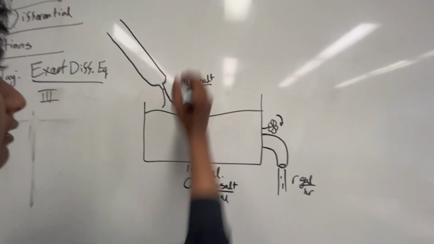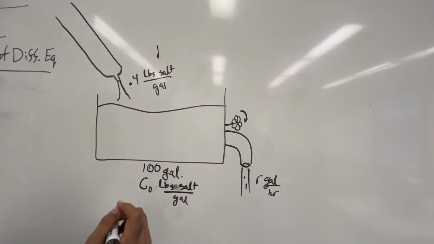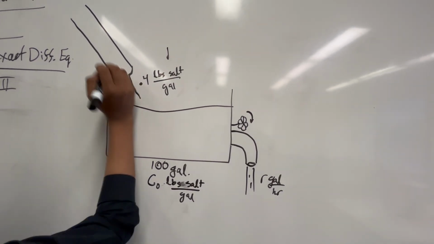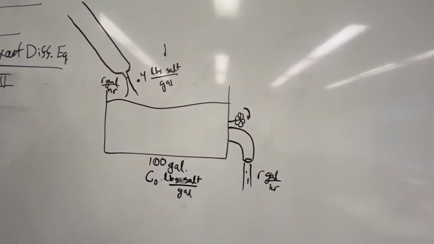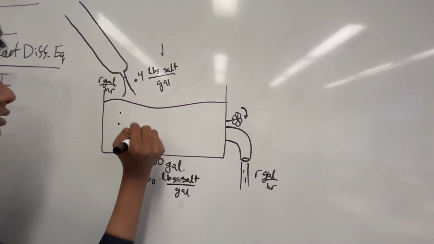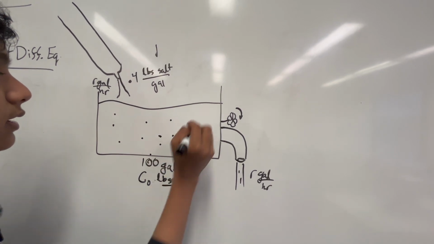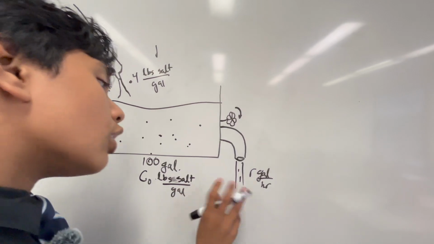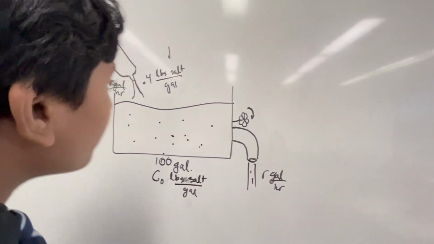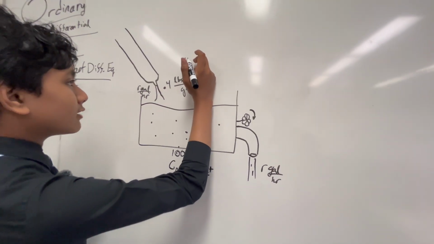So then, you have 0.4 pounds of salt per gallon flowing in at a rate of R gallons per hour. Let's just draw those salt particles a little bit. The amount of water definitely isn't changing, because R gallons per hour flows in and R gallons per hour flows out. But the concentration is changing, right?